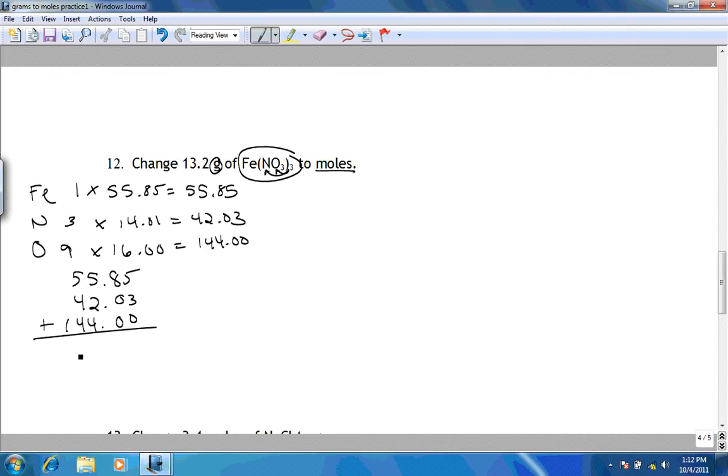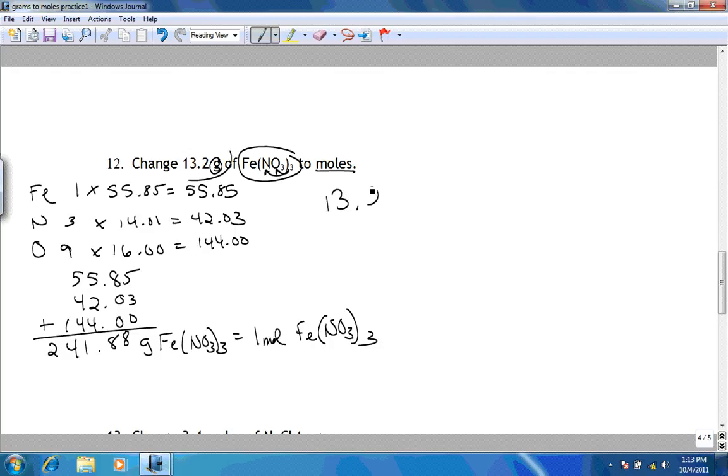And that comes out to be 241.88. And that's going to be a conversion factor that we're going to use to convert the 13.2 grams into moles.